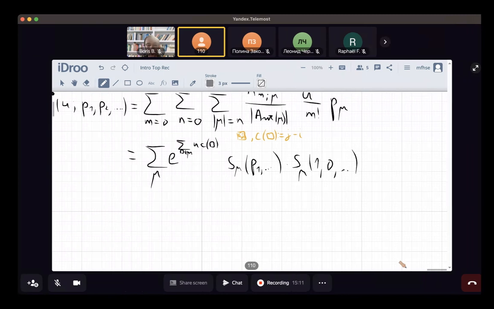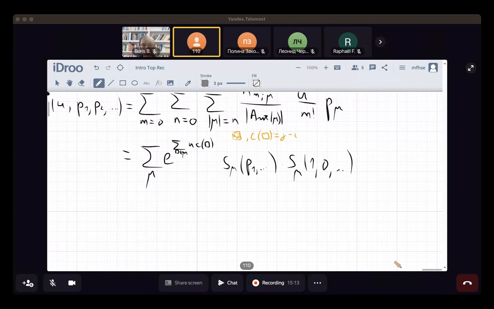Now, what have we proved? We have proved that if you do not have this factor, then we have a KP tau function, right? So we have proved that the sum over mu of s mu of p1 and so on times s mu of 1, 0, 0 is a KP tau function.